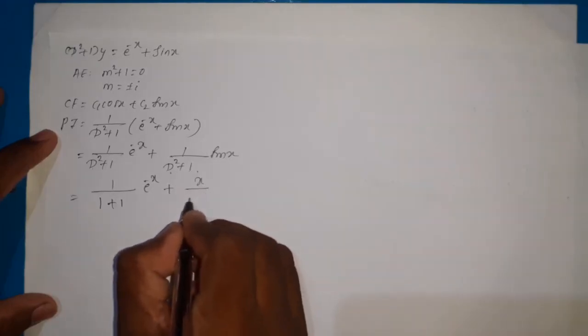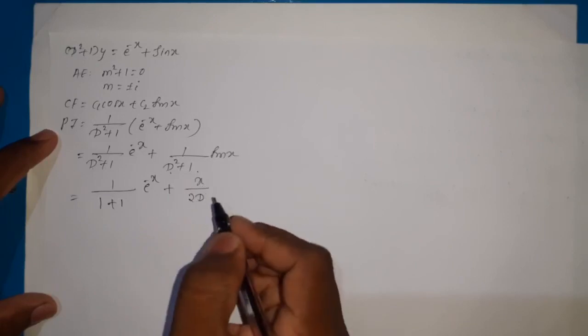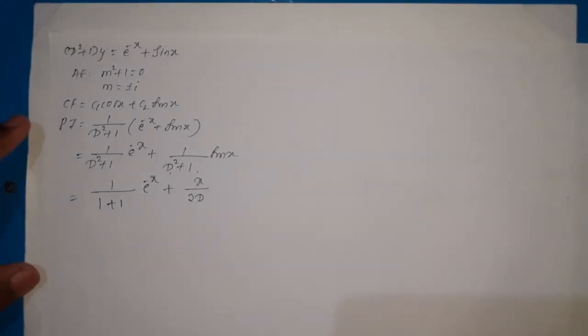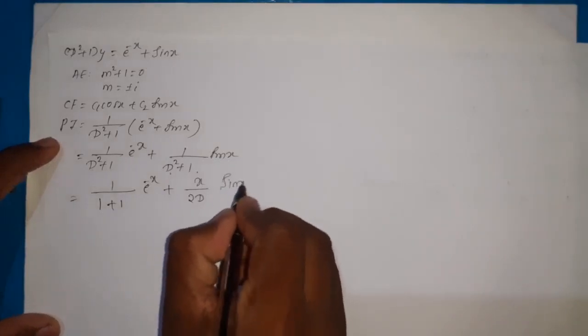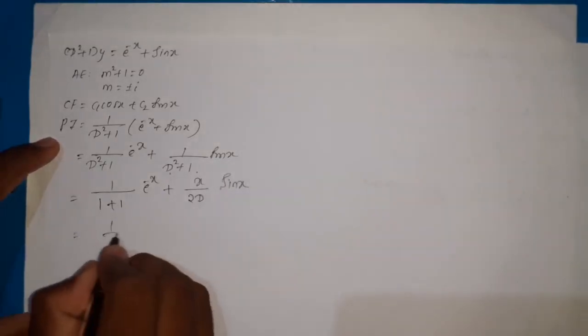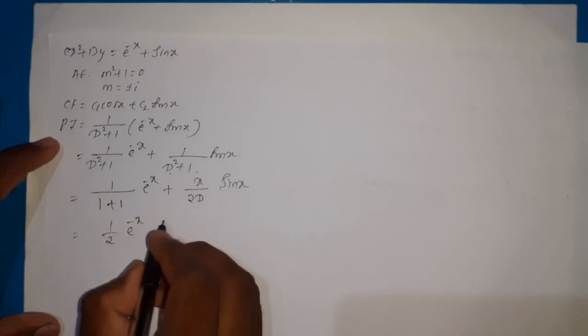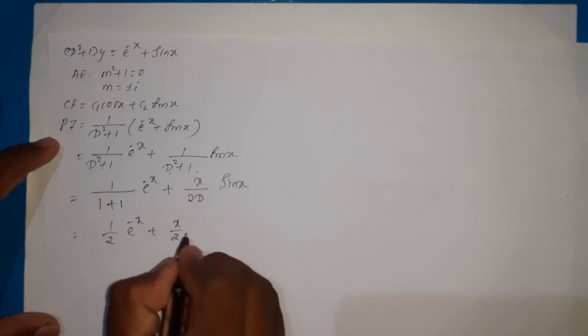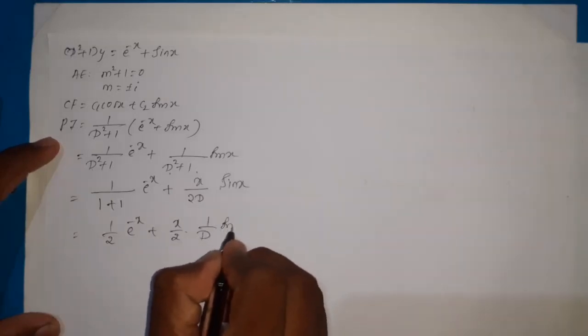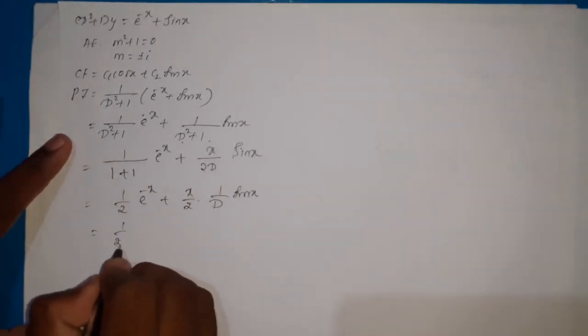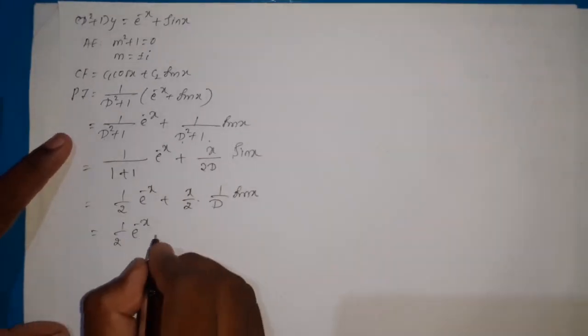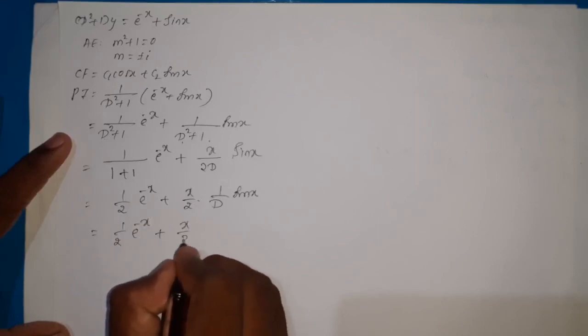Then x divided by the differentiation of the denominator with respect to d, that becomes x divided by 2d sin x. Then it is 1 by 2 e power minus x plus x by 2 into 1 by d sin x. Then it is equal to 1 by 2 e power minus x plus x by 2.